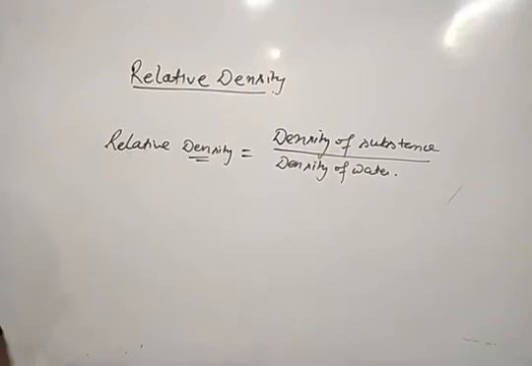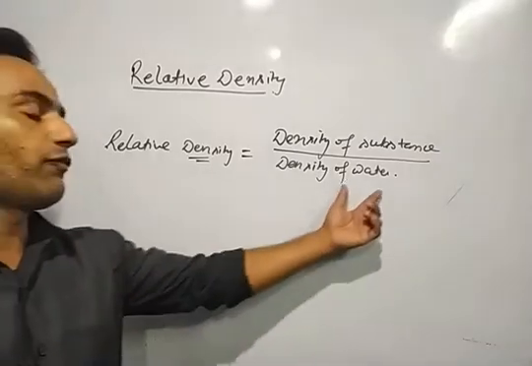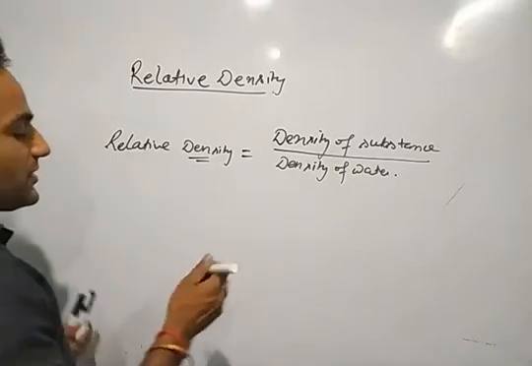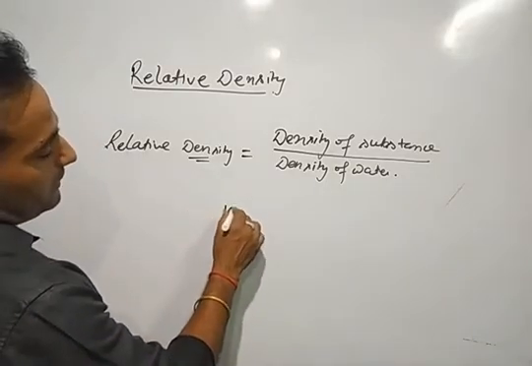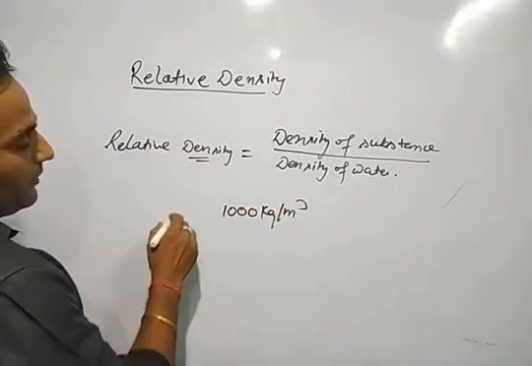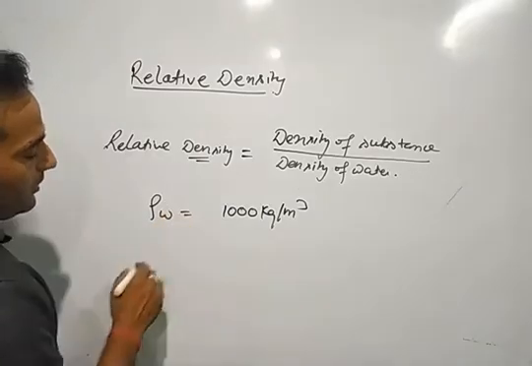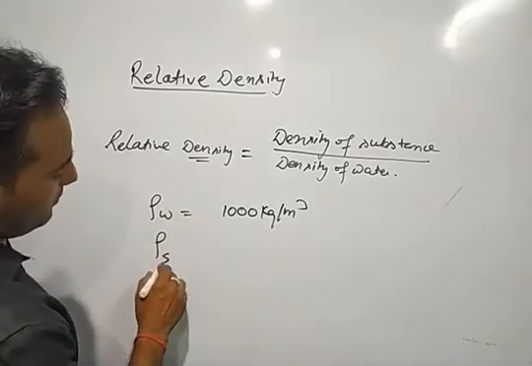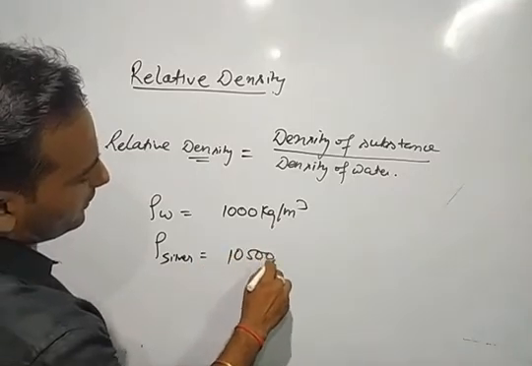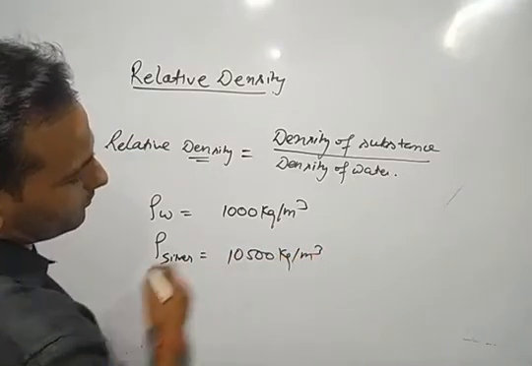So whenever we need to find the relative density of any object, we compare it with the help of water. Like, let us take the example of silver. Water's density is 1000 kilogram per meter cube, and density of silver is approx 10,500 kg per meter cube.